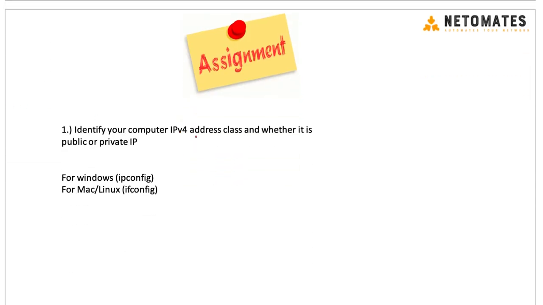The assignment for this class is: if you have a computer or phone, go to Wi-Fi settings or go to the terminal and verify the IP address of the computer or phone. When you look at the IP address, for sure it will fall within this range.